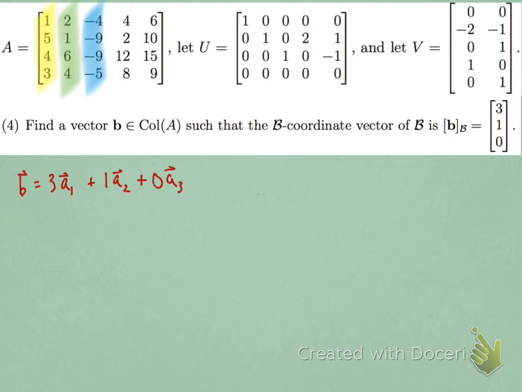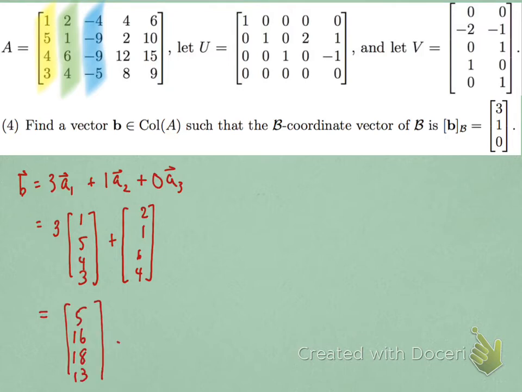And that'll be my vector b. So I can just compute. It's 3 times 1, 5, 4, 3, plus 2, 1, 6, 4. And I get the vector 5, 16, 18, 13. That's the vector whose coordinate vector is 3, 1, 0.